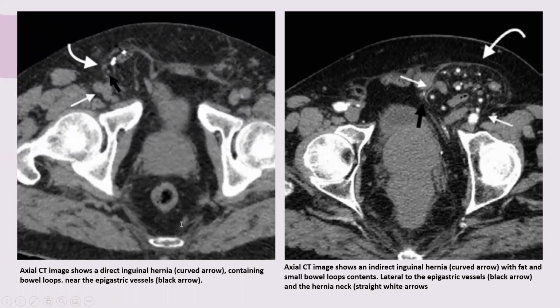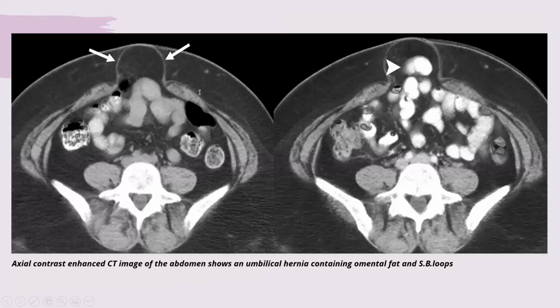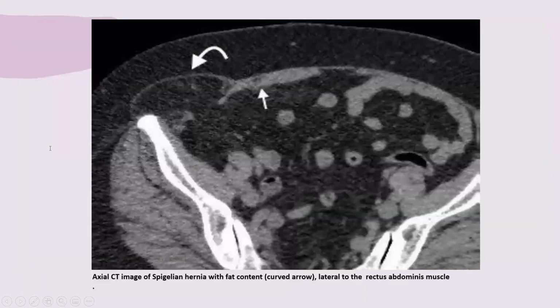Axial contrast enhanced CT image of the abdomen shows an umbilical hernia containing fat and bowel loops. This is the Spigelian hernia which occurs lateral to the rectus muscle between the rectus and linea semilunaris.